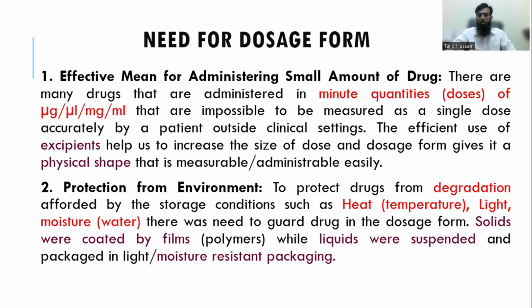So we can protect it from the environment if we pack it in secure packaging, meaning tamper evident packaging, an airtight container, moisture resistant packaging, and light resistant packaging, along with some coatings on the delivery system.